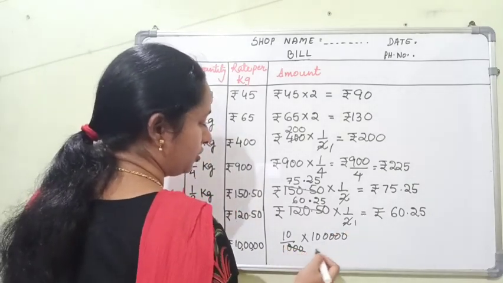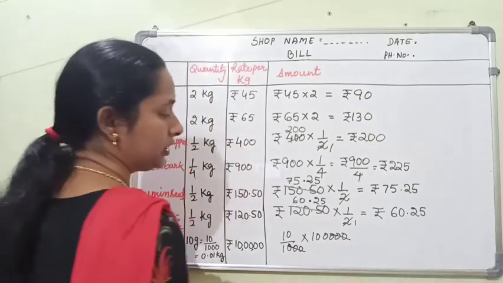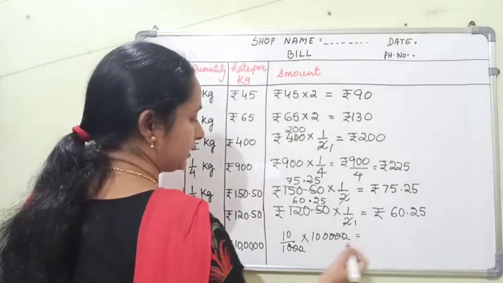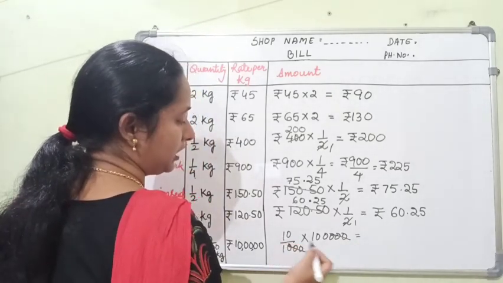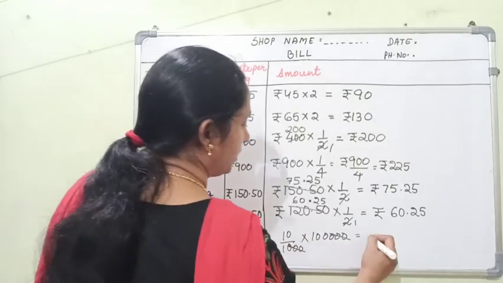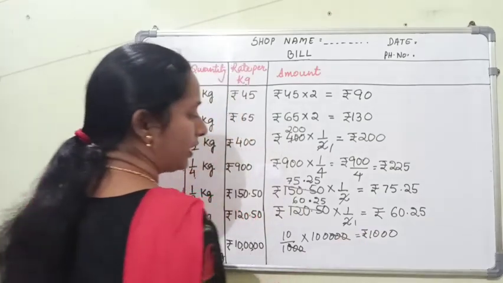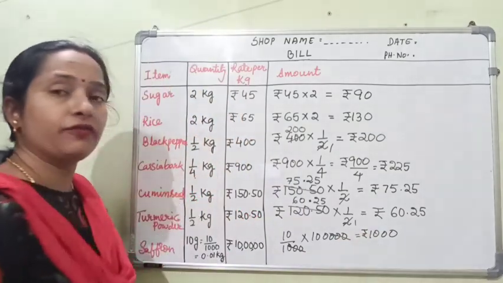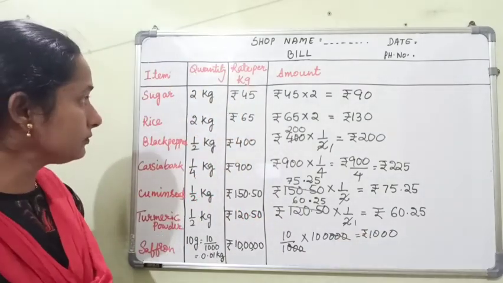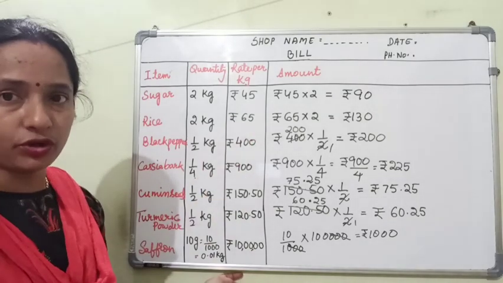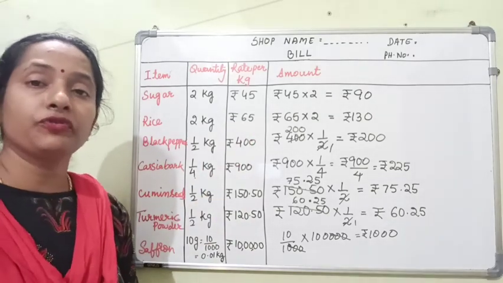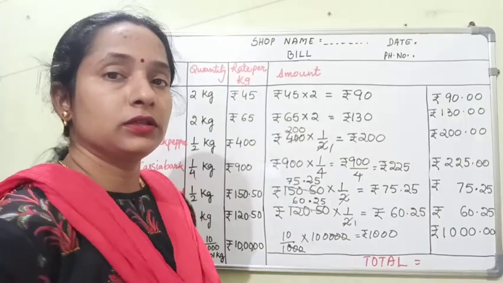Here from the denominator 3 zeros, from the numerator 3 zeros, here you will get cancelled. So here you are remained with 10 and here 100. 10 into 100 you get 1000. So you will get rupees 1000 which will be paid for the saffron.